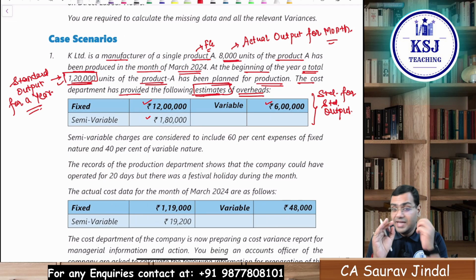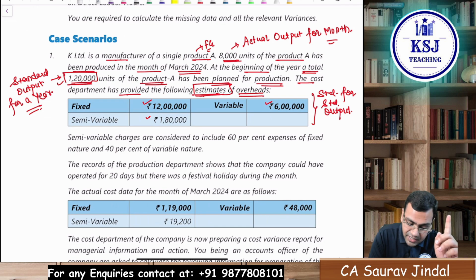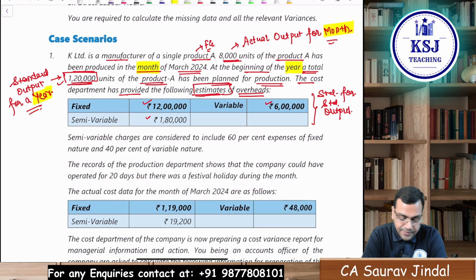Actual output is 8,000, but that is for 1 month. So you have to be very careful where it is monthly and where it is yearly. That is why I have written here for a month and for a year.